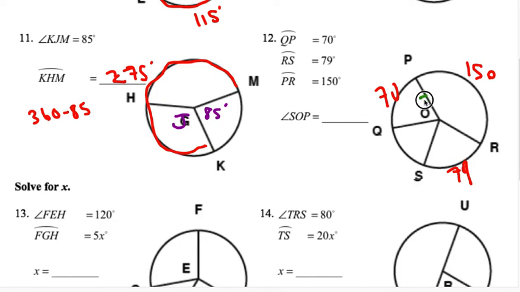SOP, yes, angle SOP is this angle here, so we want this, the 70 plus. So we're going to have to do the same 360 minus 70 minus 79 minus 150, and that means that this piece here is 61 degrees. 70 plus 61 is 131 degrees.